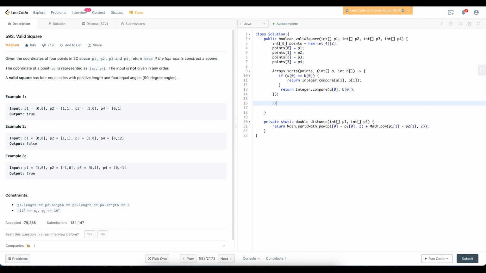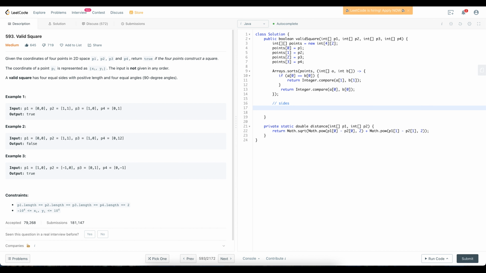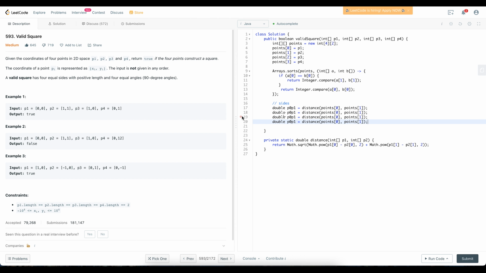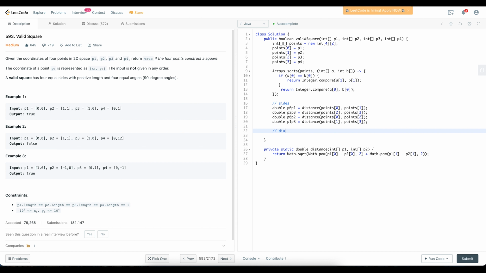Now let's compute the length of the sides. Keep in mind, since this is a zero indexed array, we're going to call them p0, p1 instead of p1, p2, and so on. Let's also compute the length of the diagonals.